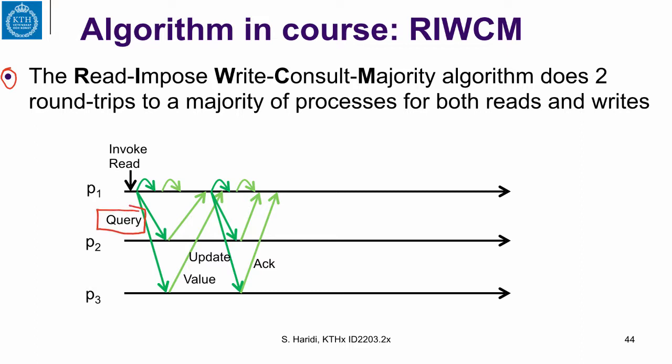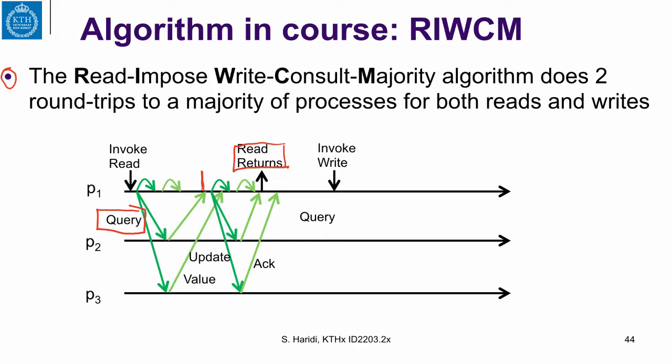When it gets a majority, in this case 2 out of 3, it has read a value and a timestamp. Now it takes the value with the highest timestamp and performs an update operation. When it gets a majority, the read operation is complete. That was the read operation in read-impose write-consult majority.